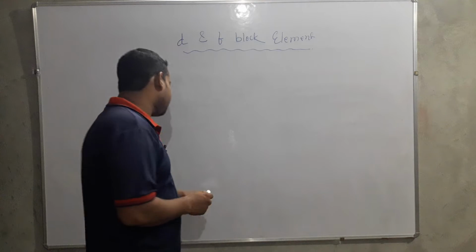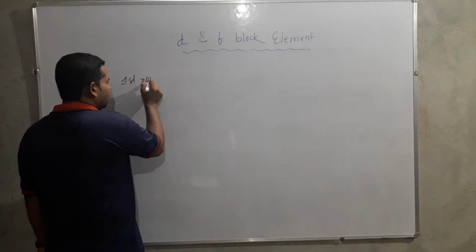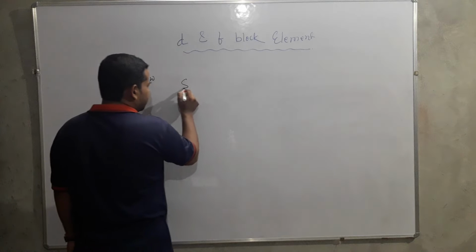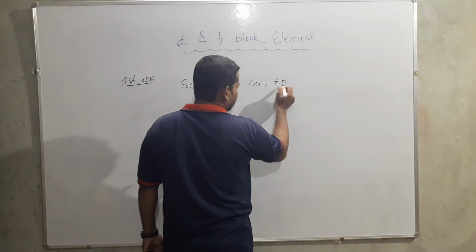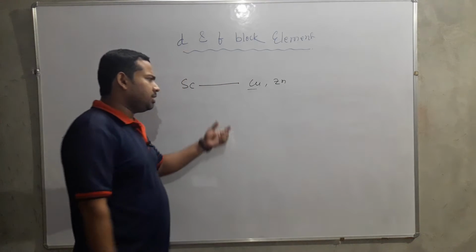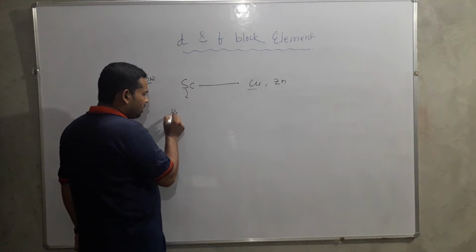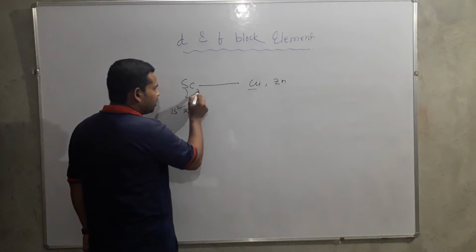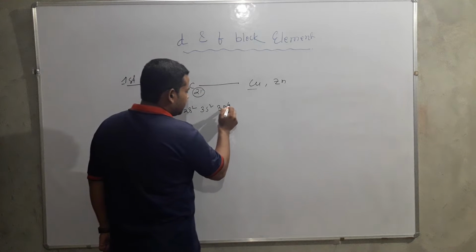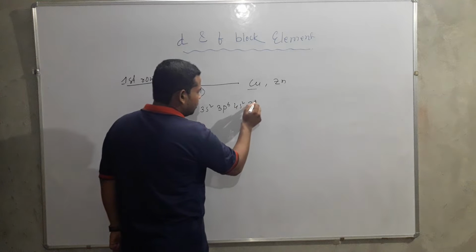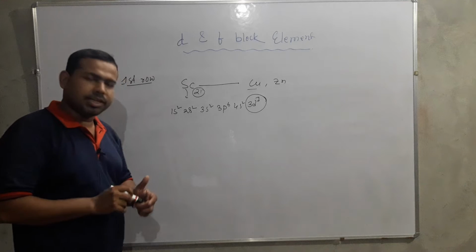For example, the first row transition elements are scandium to copper and zinc. Copper is known as a transition element, but zinc is not. Why? If you write the configuration of scandium, atomic number 21: 1s2, 2s2, 2p6, 3s2, 3p6, 4s2, 3d1. This is d1. So d1 to d9 configuration is a transition element.